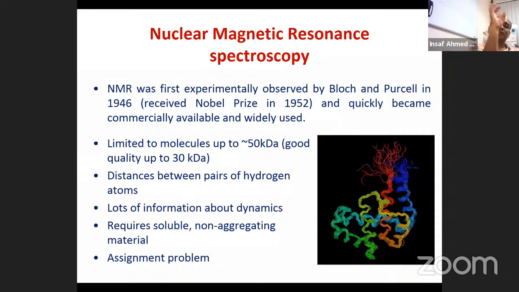If you have a protein in a solution, it will not stay fixed like this. No, it will always change its conformation. So the dynamics you can tell by using NMR spectroscopy. But the most important thing is you should have a soluble and non-aggregating protein.